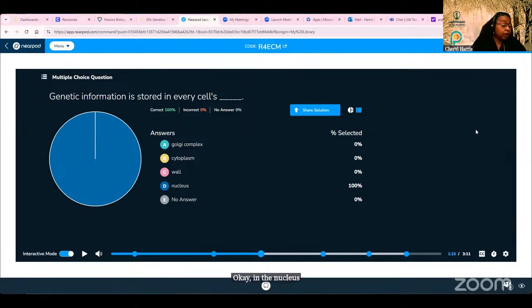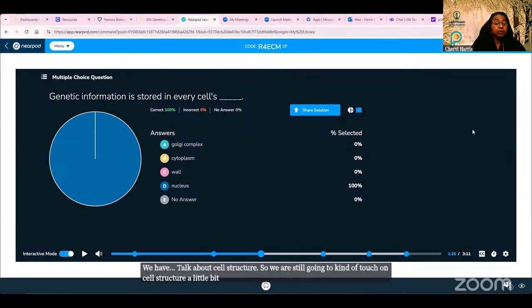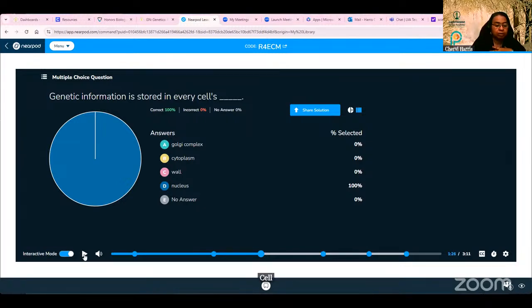All right, so we've talked about the nucleus before. We have talked about cell structure. So we are still going to touch on cell structure a little bit, the nucleus in particular, because all of the stuff that we're going to talk about is going to happen in the nucleus. But because it's in the cell, we do need to briefly go back over some cell structure a little bit.